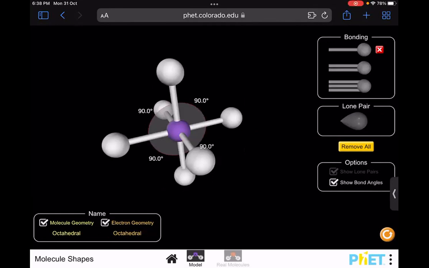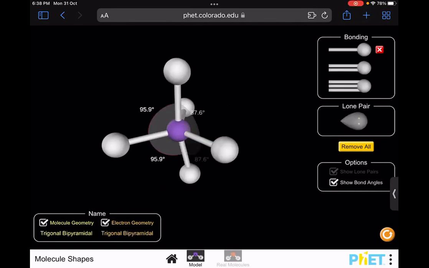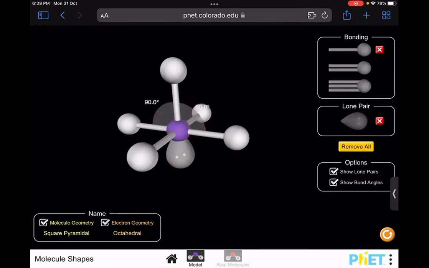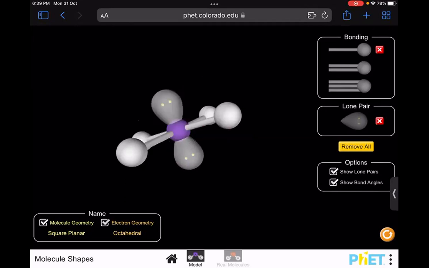You are adding one, removing one. So what is the shape? You will get the square pyramidal. Then removing one and adding one more, we will get the square planar.